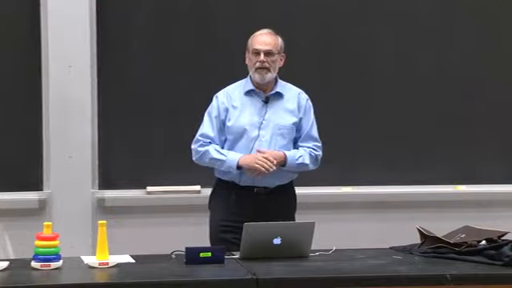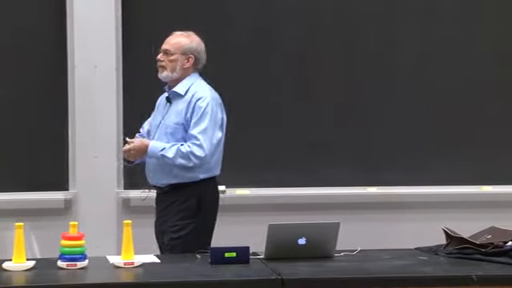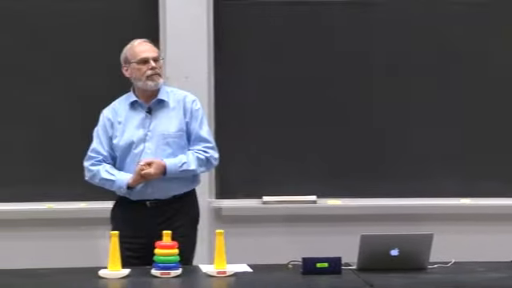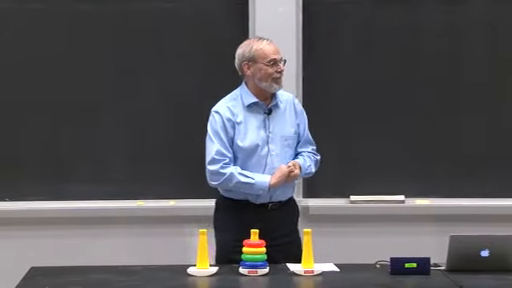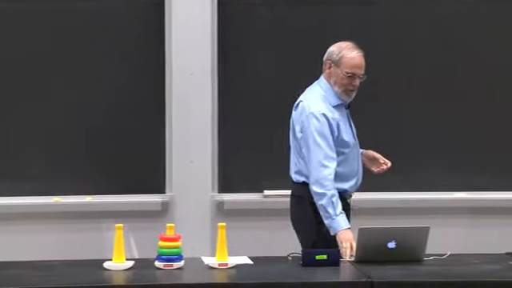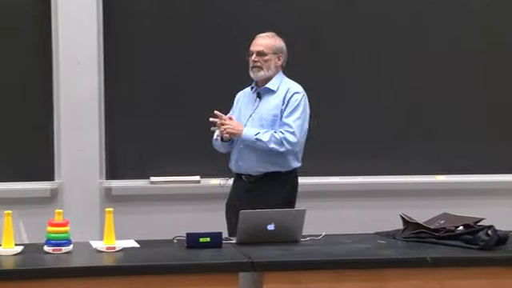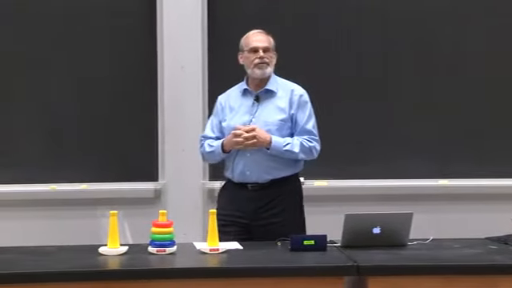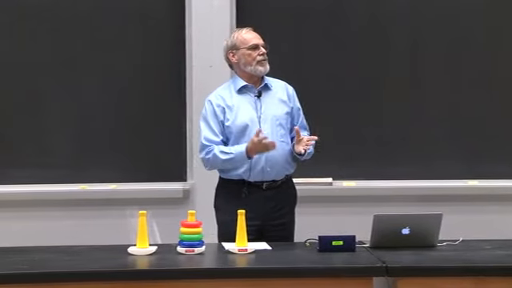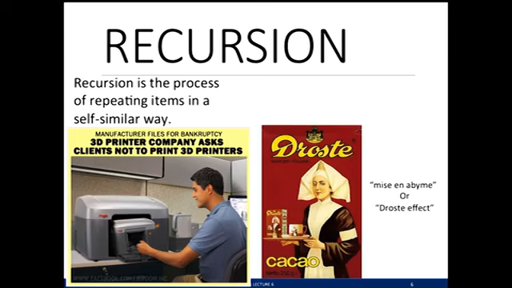But recursion gets used a lot of places. So it's this idea of using or repeating the idea multiple times. So, wouldn't it be great if your 3D printer printed 3D printers? And you could just keep doing that all the way along. Or one that's a little more common, it's actually got a wonderful name, it's called mise en abîme in art, sometimes referred to as the Droste effect. Pictures that have inside them a picture of the picture, which has inside them a picture of the picture, and you get the idea.